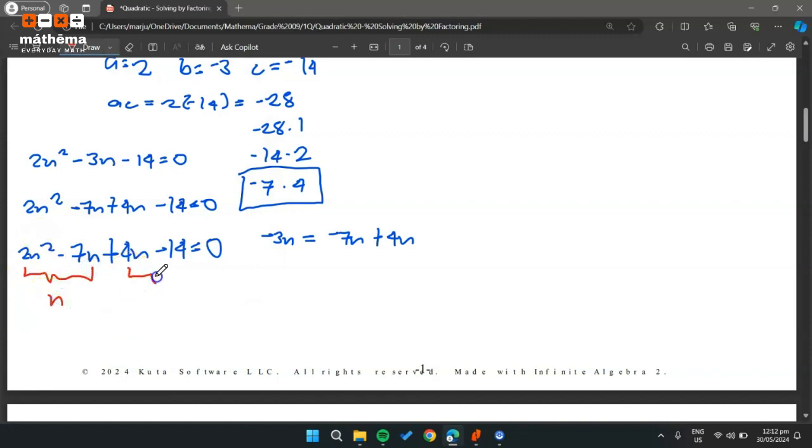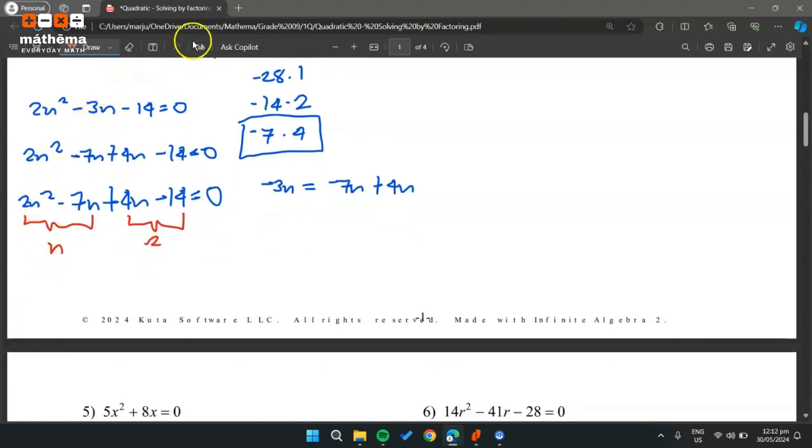What about here? Common is 2. So if we factor out n and 2, we get n times 2n minus 7, plus 2 times 2n minus 7 equals 0.